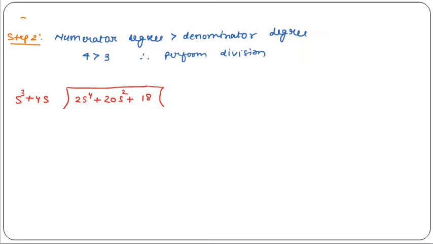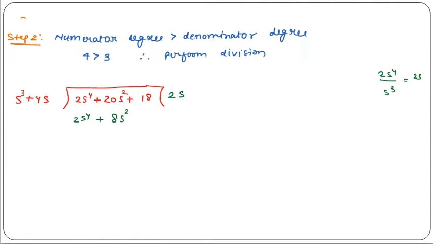So here the first term is 2s power 4 divided by s cube. So we are getting 2 into s. Now multiply s cube with 2 into s, you will be getting 2s power 4, then 4s into 2s will be equal to 8 into s square.